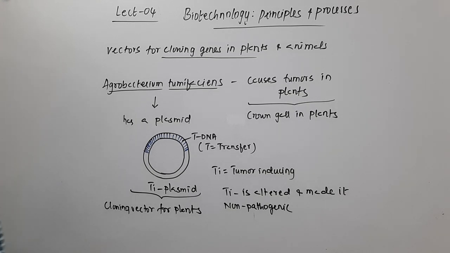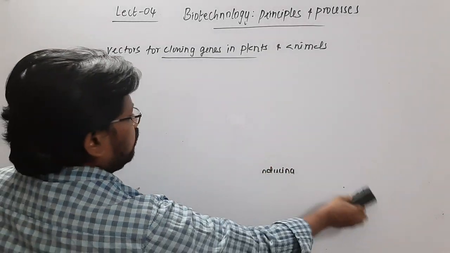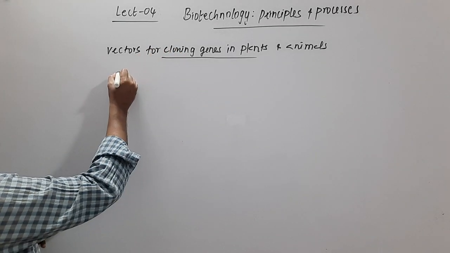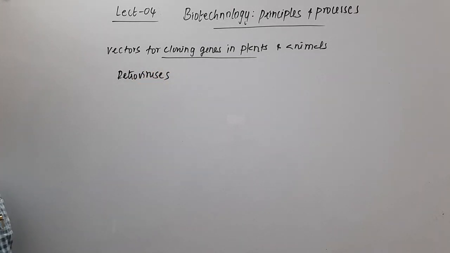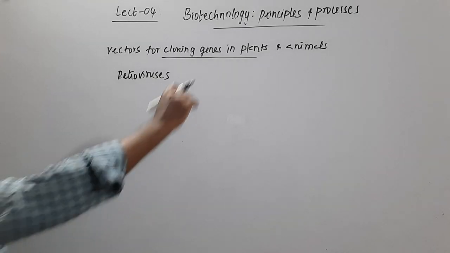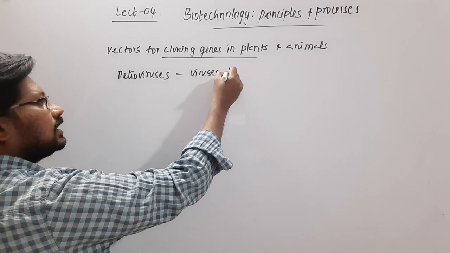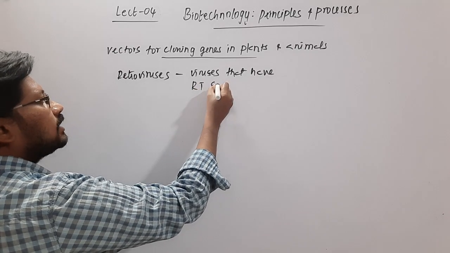For animal cells, we are using something called retroviruses. These retroviruses are disease causing, and they are viruses that have the RT enzyme.